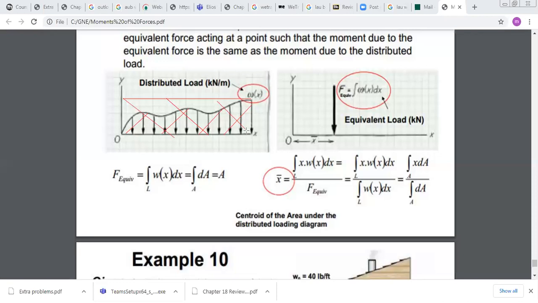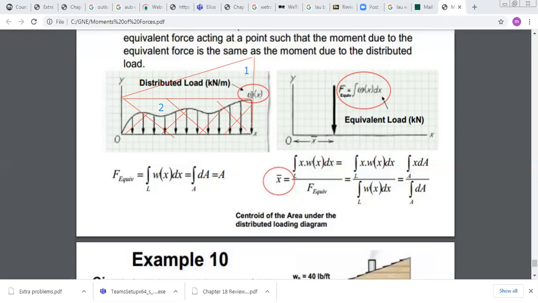We can have several simple geometries. If we have a linear distribution like this, we can divide it into two parts, a triangle plus a rectangle. So the total resultant force is equal to the area of the triangle, area 1, plus the area of the rectangle, area 2. In general, when we have simple geometries, there is no need to integrate; we just find the area, and the area is equal to the resultant force.